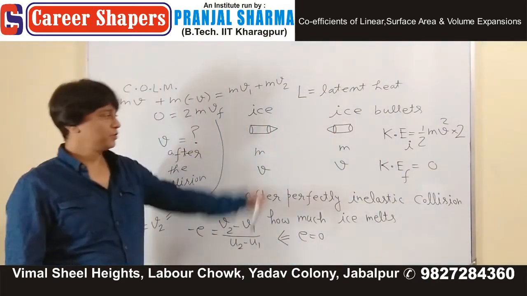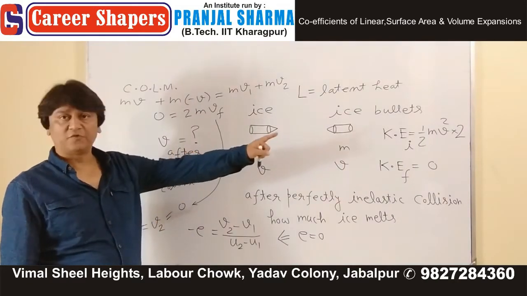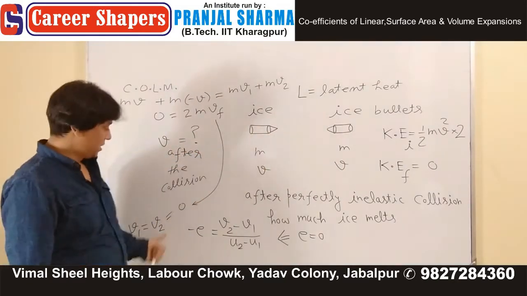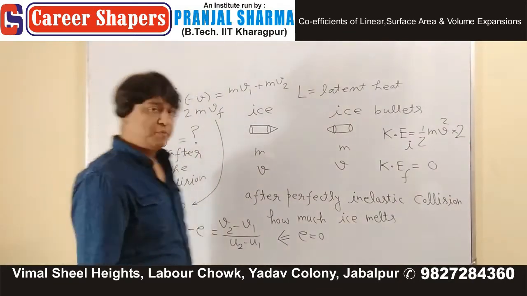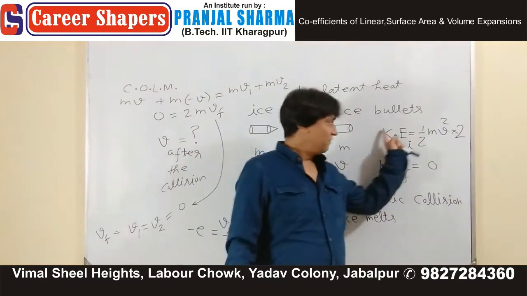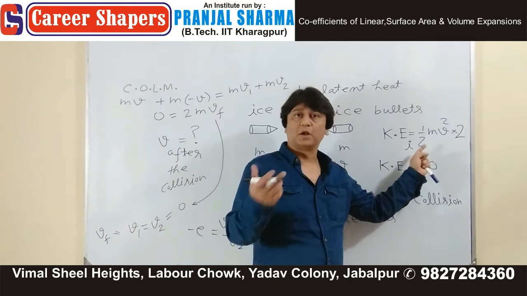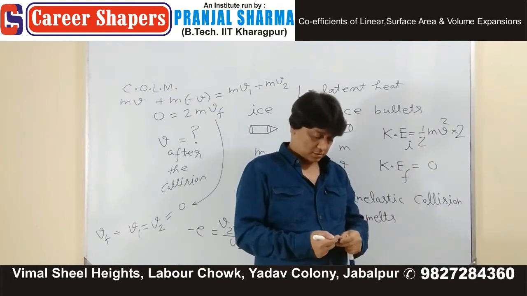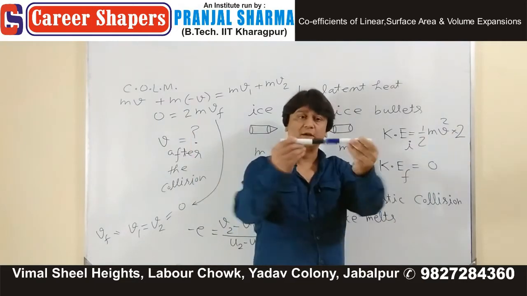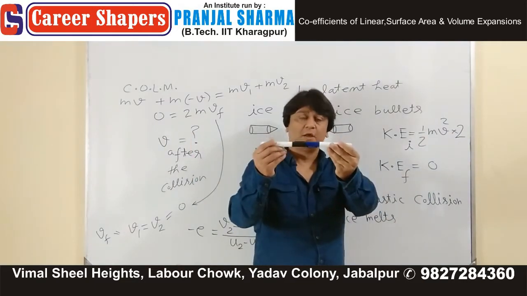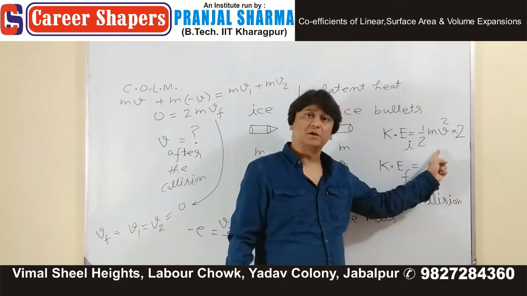Final kinetic energy is 0. K initial is half mv squared plus half mv squared, and finally they both come to rest. That means we have lost this much energy because of the collision. As this collision takes place, the bullets come to rest, and they have lost all of this kinetic energy.